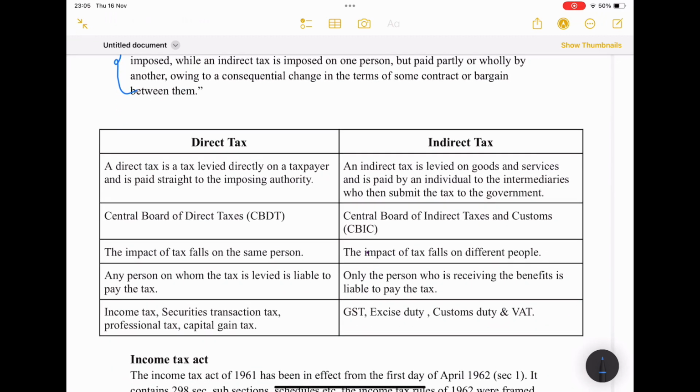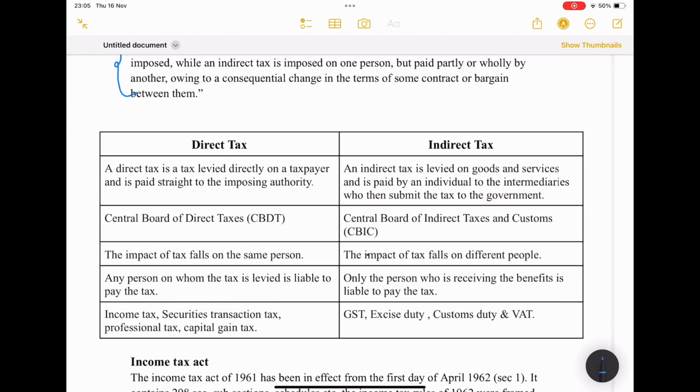So these are the differences between direct taxes and indirect taxes. Got it? So here see, direct tax is a tax levied, meaning charged, we can say, on the taxpayer, and it goes straight to the imposing authority.